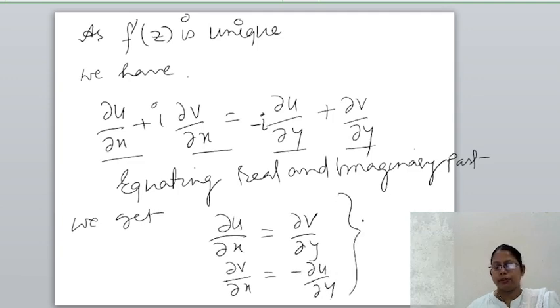These two are known as Cauchy-Riemann equations, in short CR equations.